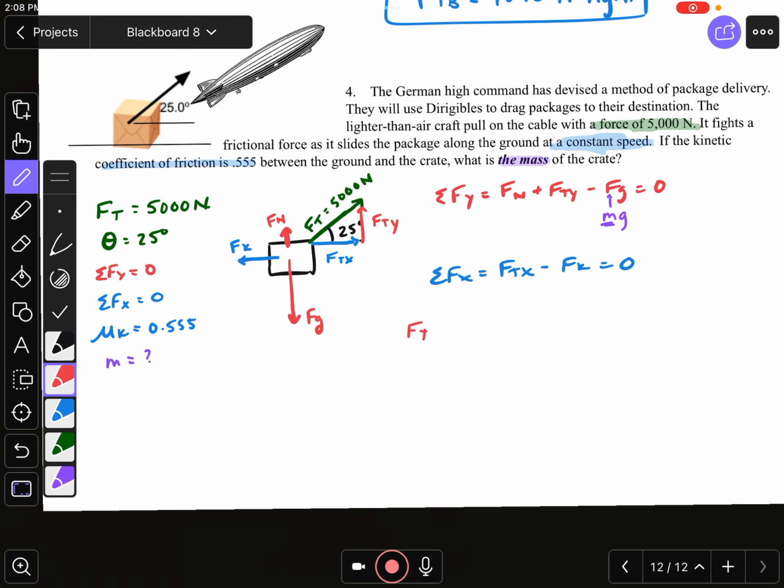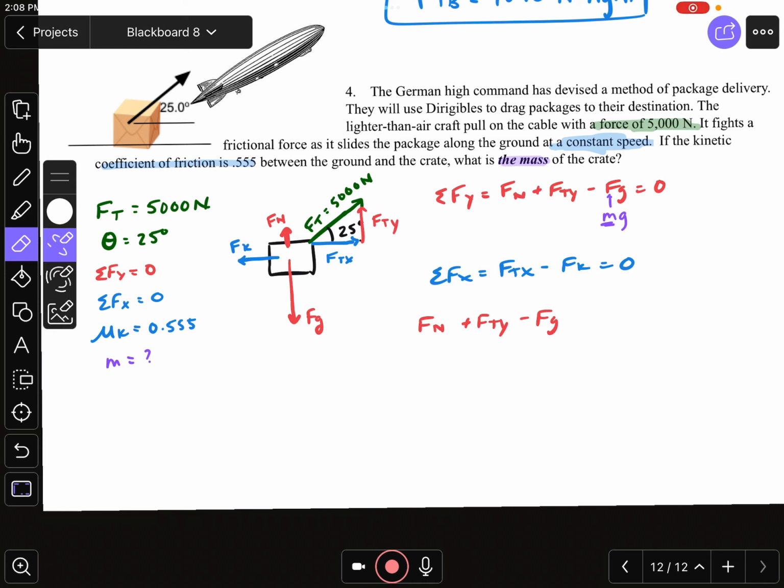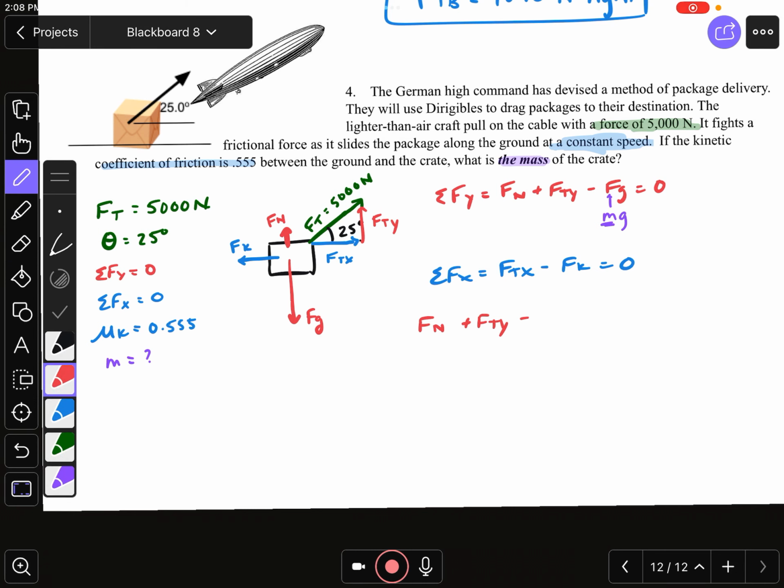So we start out with Fn plus Fty minus Fg. And instead of Fg, I'm going to put an mg there. And I'm just going to add mg on both sides. So I have Fn plus Fty is equal to mg.